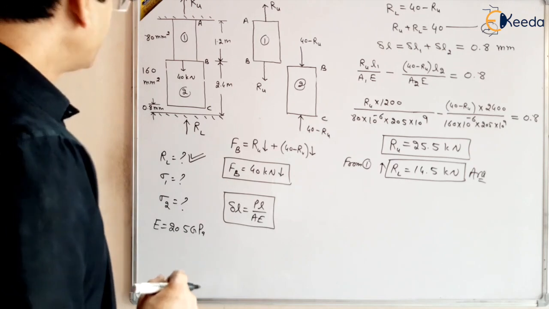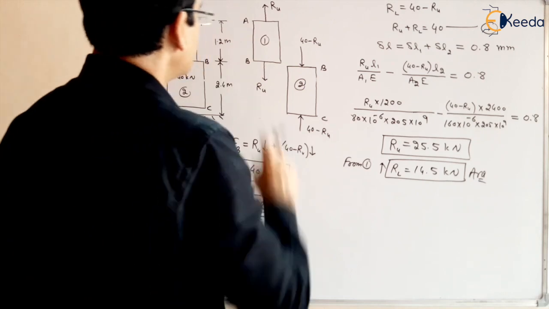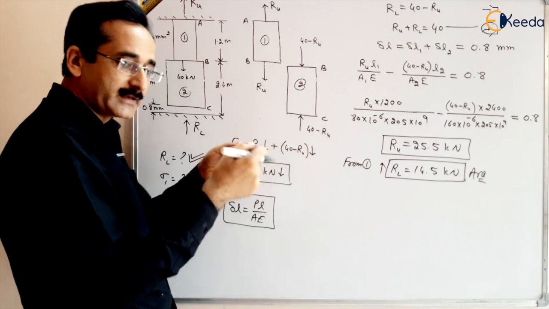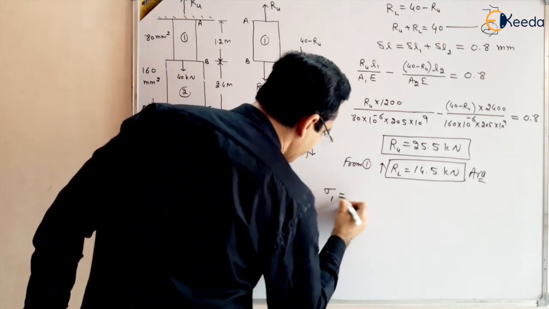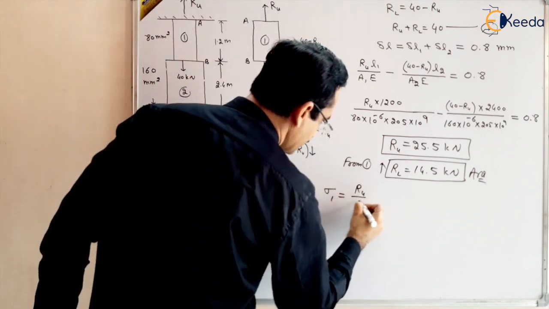Now we have to find out the stresses, and we know the forces acting on these two parts. The force acting on this part, part one, is Ru, and this is tensile. So the stress in part one will be equal to the tensile stress, force upon area.